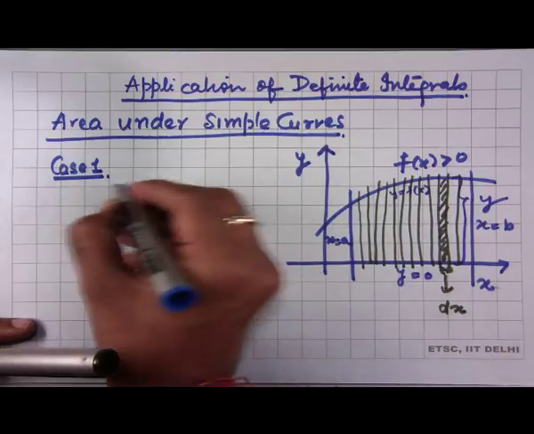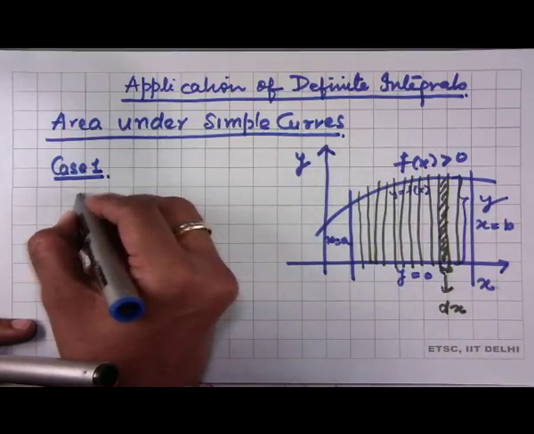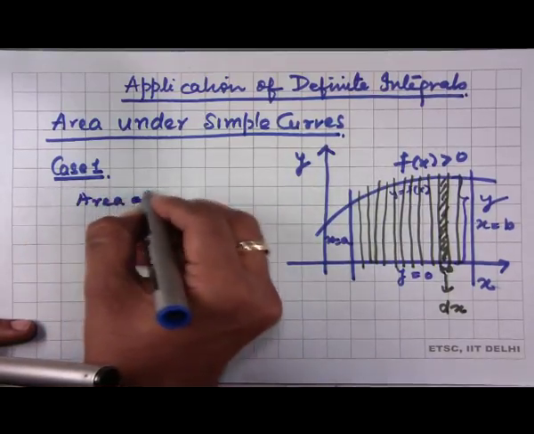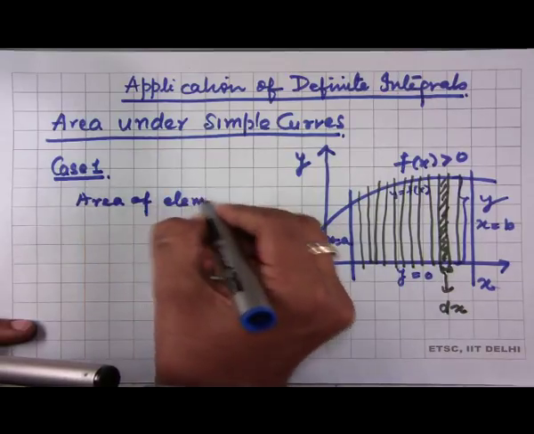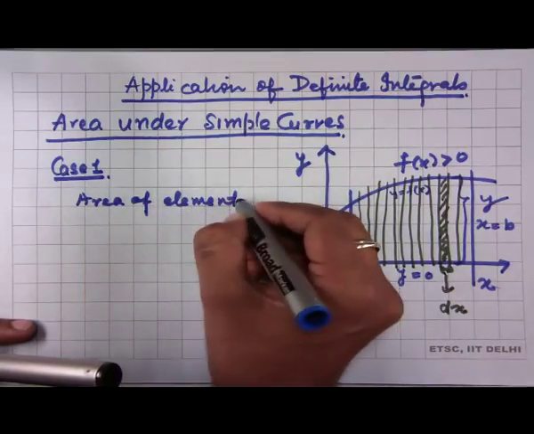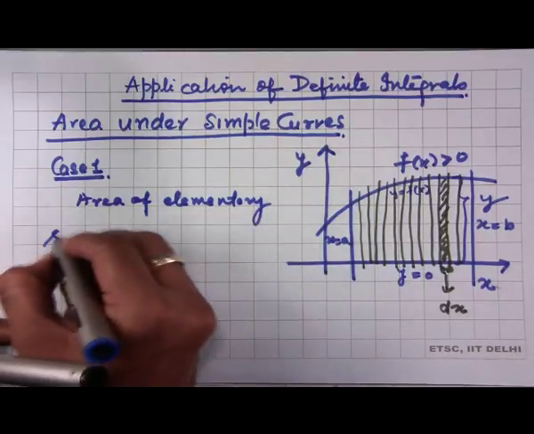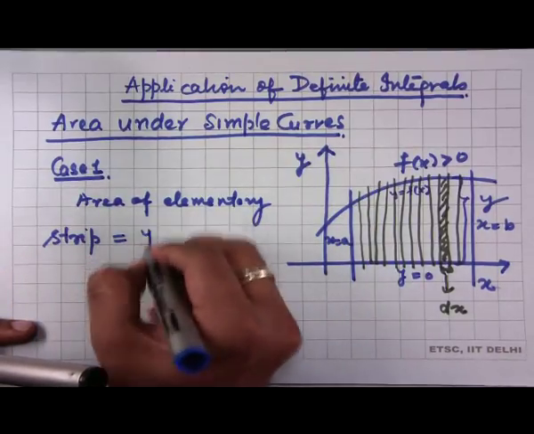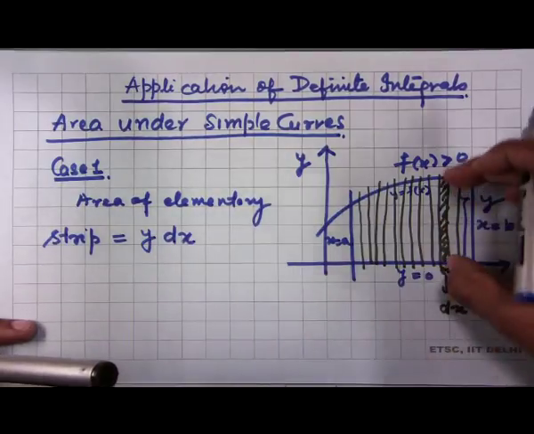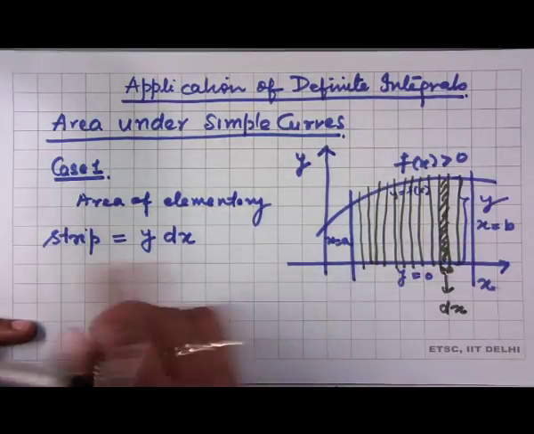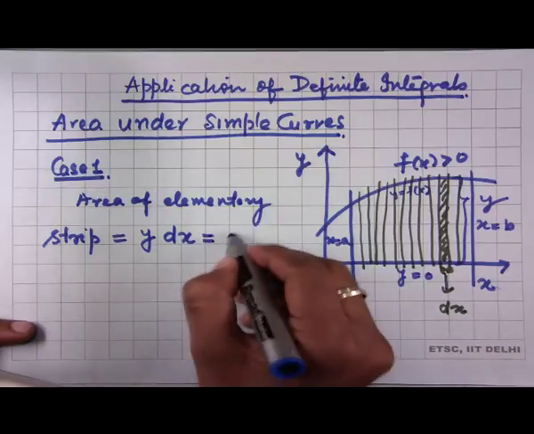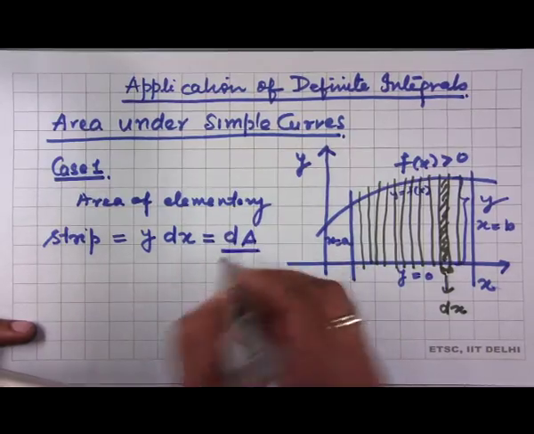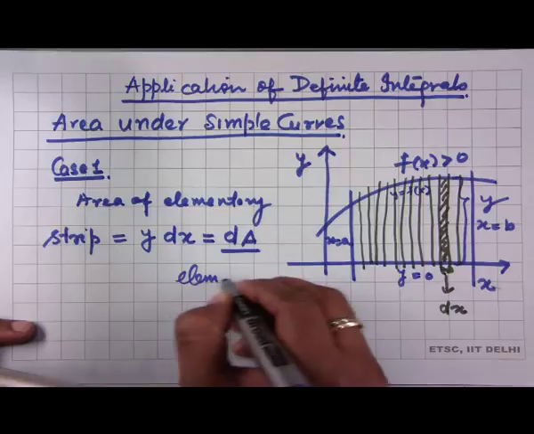So the area of elementary strip or rectangle is y into dx. Y is the height and dx is the width. So you have this elementary area dA.